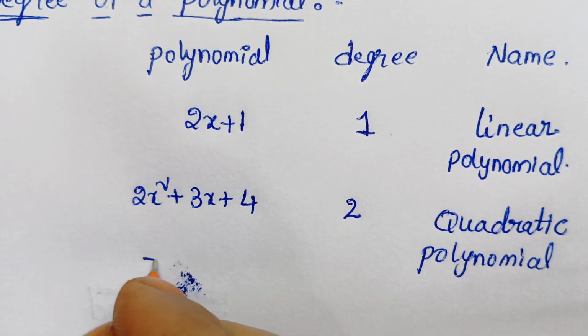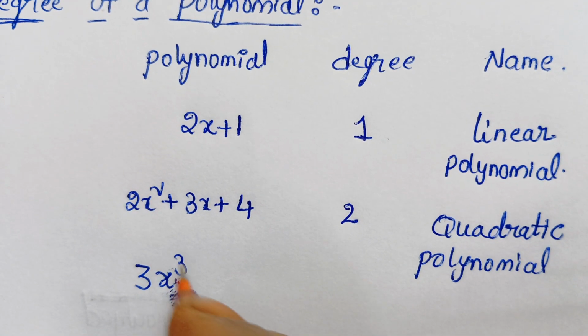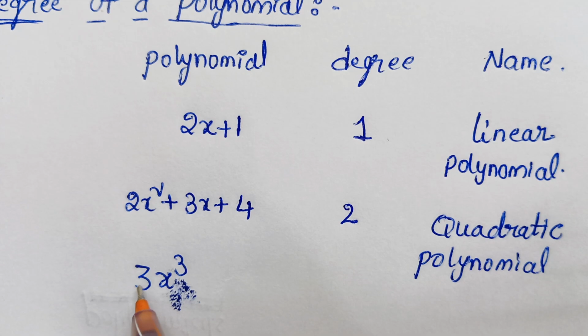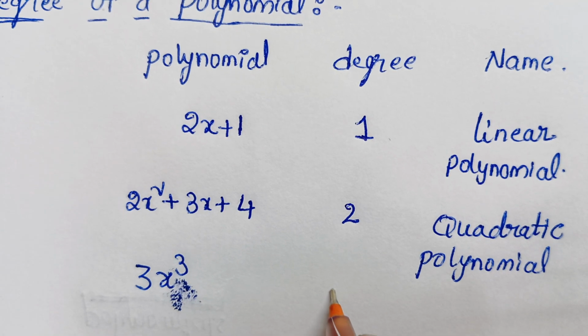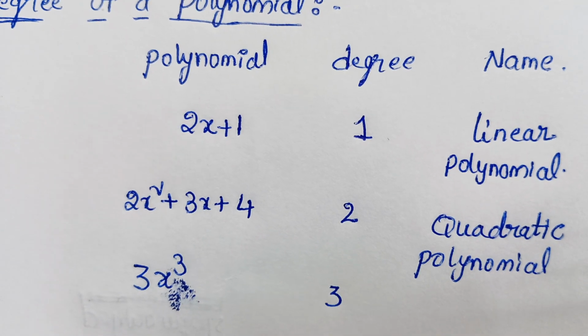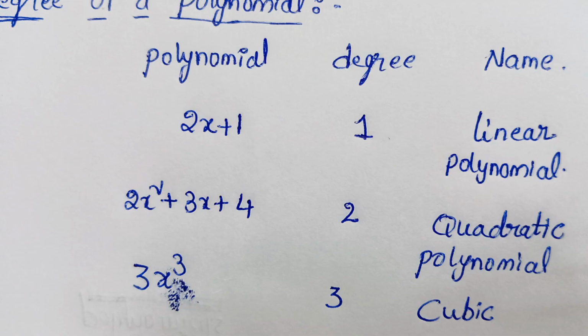Suppose 3x cube, simply one term only, a into x power n. The coefficient here is only 3. So the highest power of this polynomial is 3. This is called a cubic polynomial.